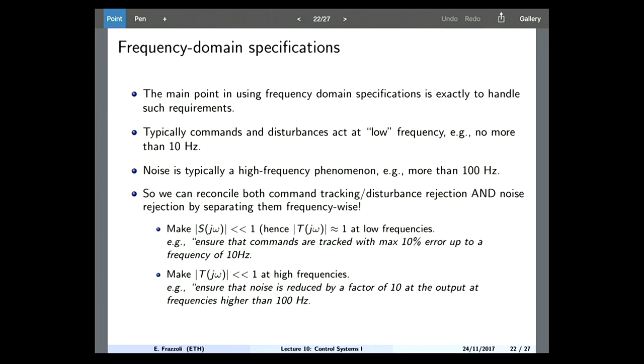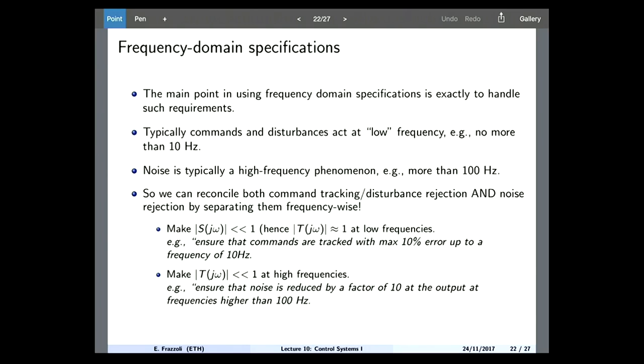Typically, anything that is human works at low frequency. How fast does your brain work? Your brain typically works on the order of 10 hertz, maybe 50 hertz or so.